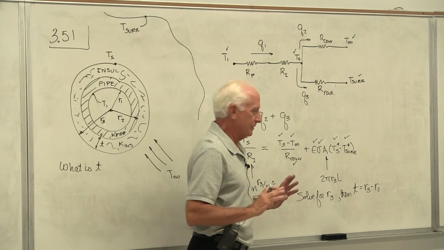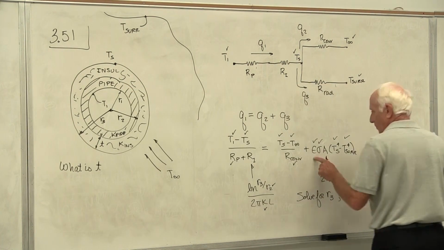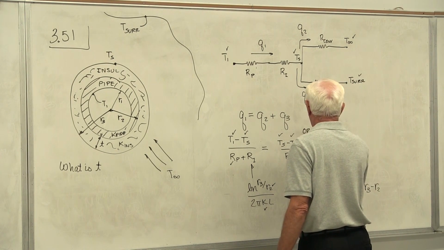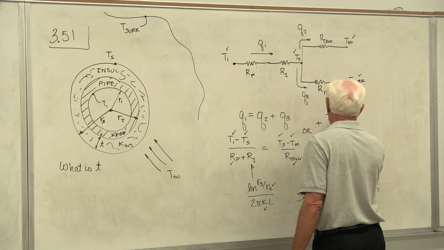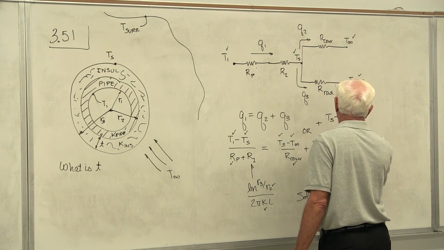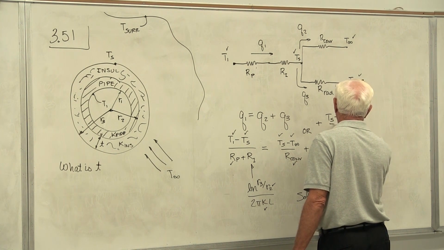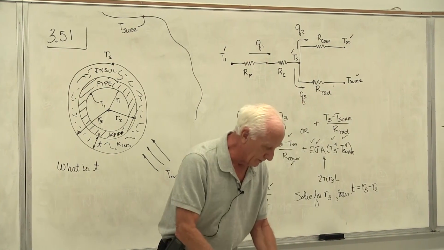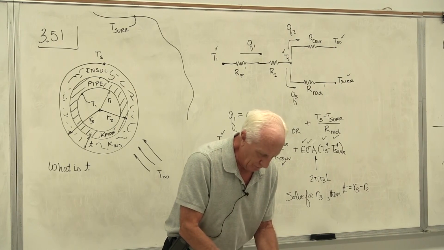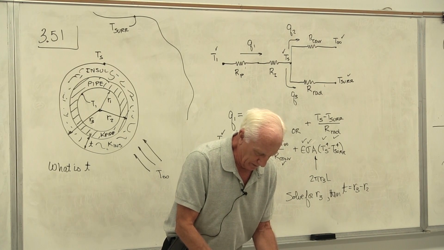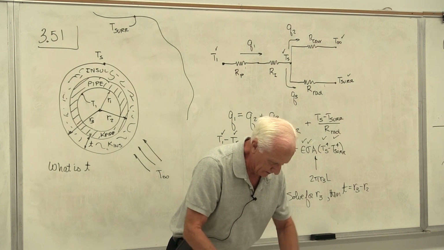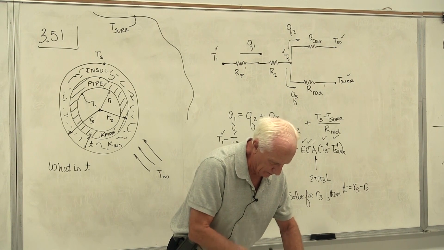Now, my point was, if you don't want to do it this way, then you can do it this way. You can use R radiation if you want. And if you do want to do it that way, then you get R radiation from chapter 1.